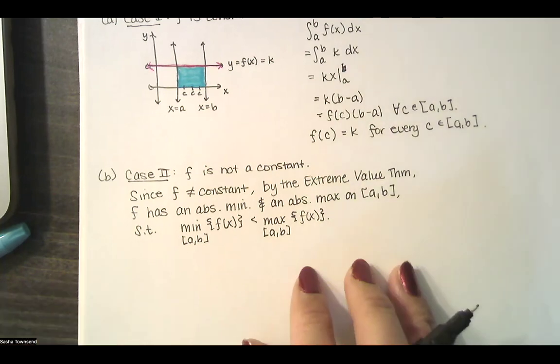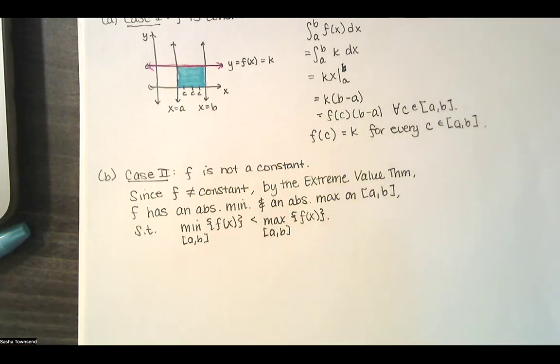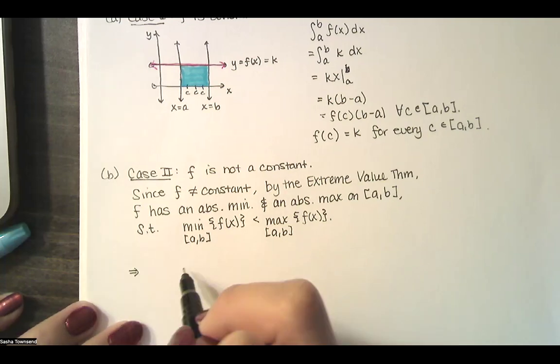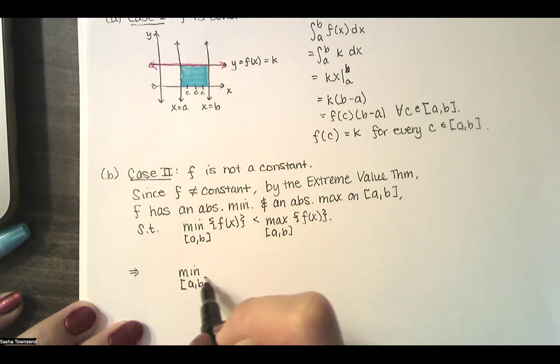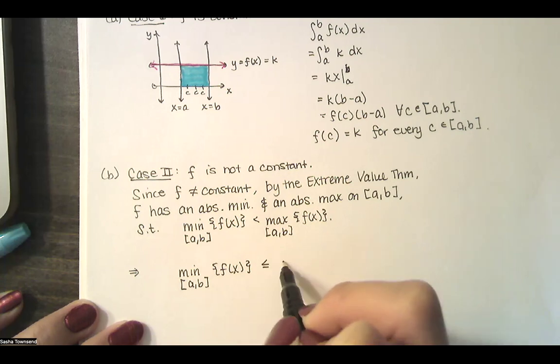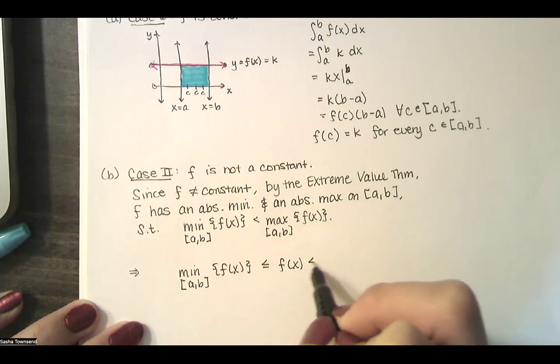Okay, so we have an absolute max and an absolute min. So we know that f is between its absolute max and an absolute min for every x value on the interval.